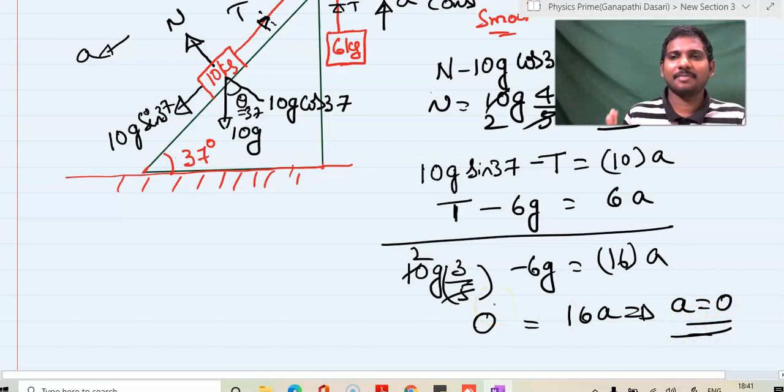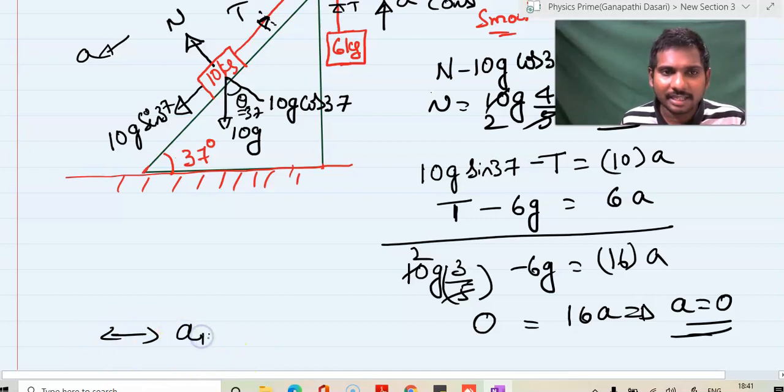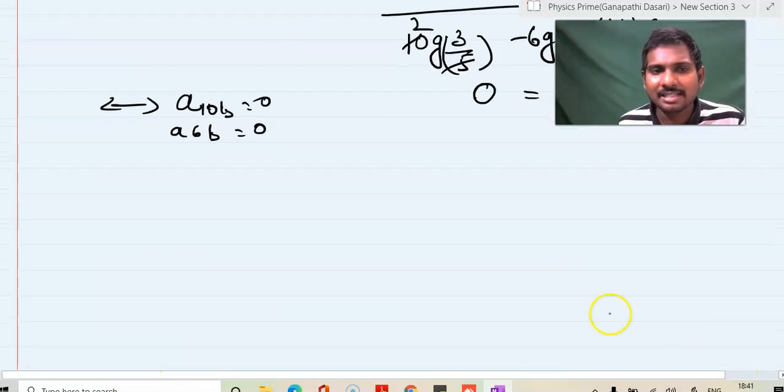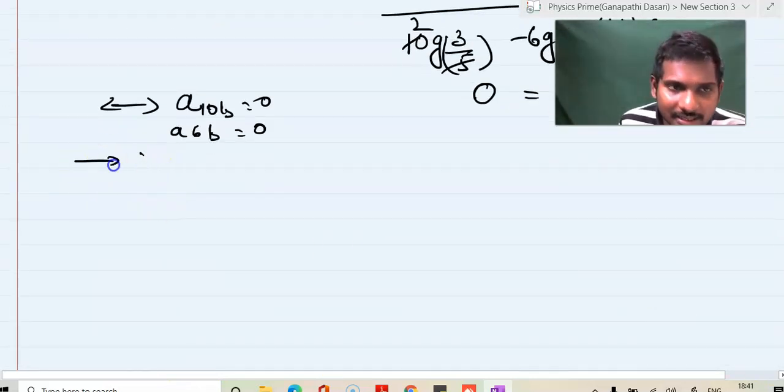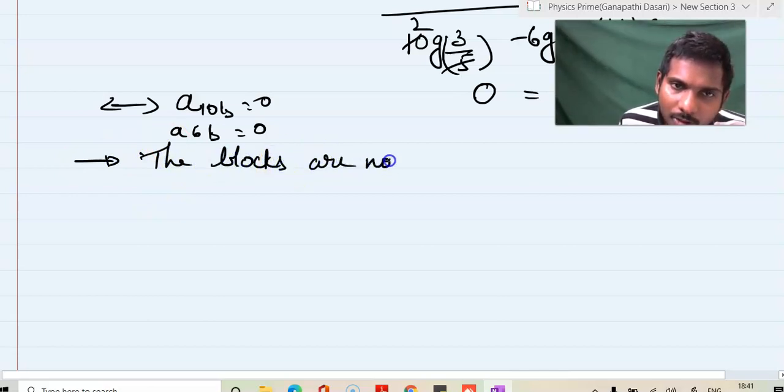That means the system remains in equilibrium. There will not be any acceleration: the acceleration of the 10 kg block is 0, and the acceleration of the 6 kg block is also 0. Entire forces are balanced and it is not accelerating. The blocks, in this situation, are not accelerating.